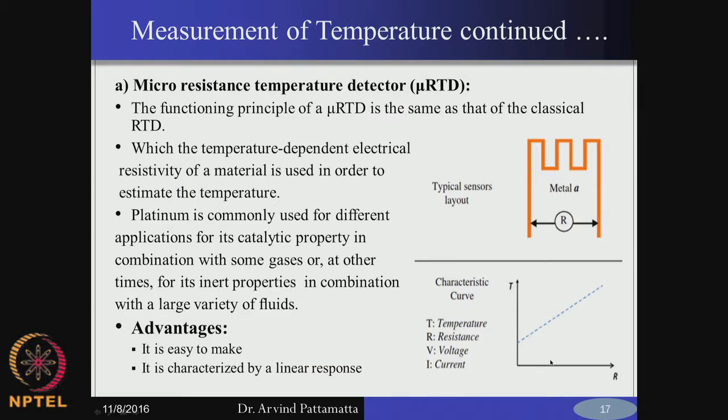Depending on this calibration you know what the change in resistance should be for a given change in temperature. You can draw the calibration curve, and when the RTD element senses a particular value of resistance, you know the corresponding value of temperature from this calibration. So, it is a fairly straightforward procedure.